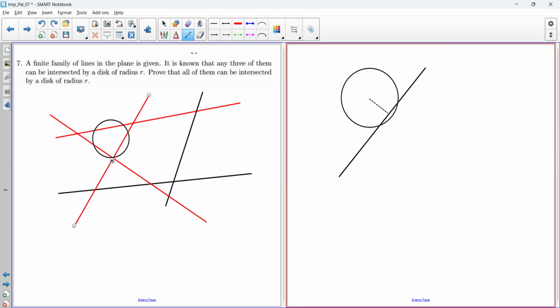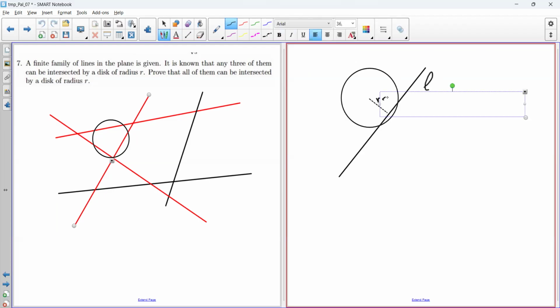If we take the center of the circle, its distance to the straight line would be less than or equal to r. The distance is less or equal than r.